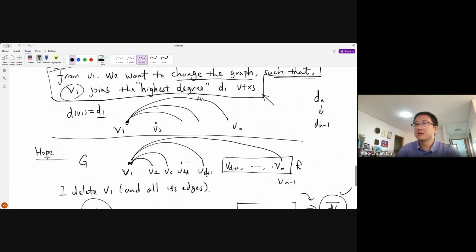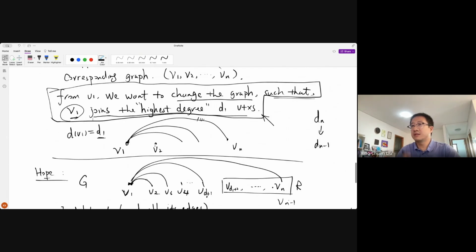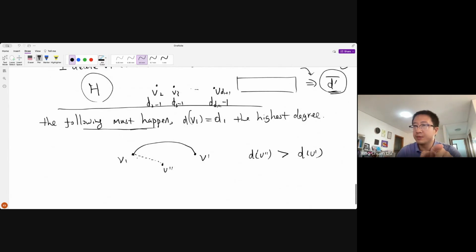Suppose V1 does not join all the highest degree vertices. Then some V prime is V1's neighbor, and some V prime prime is not V1's neighbor with higher degree. So this is just the negation of what we hope for. If what we hope for does not happen, this must happen. Okay?